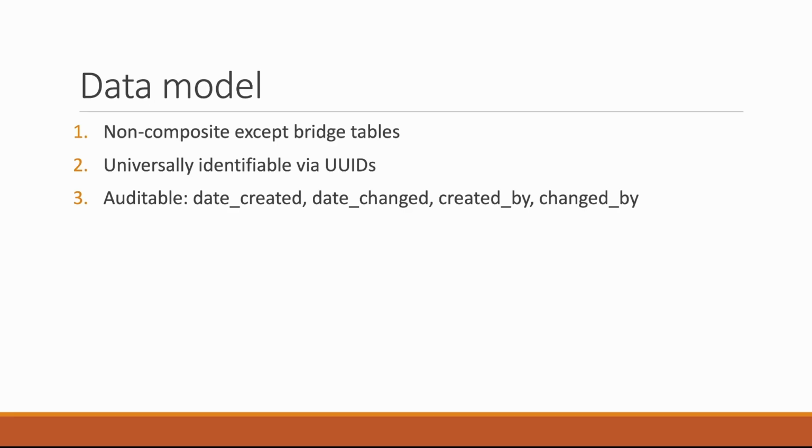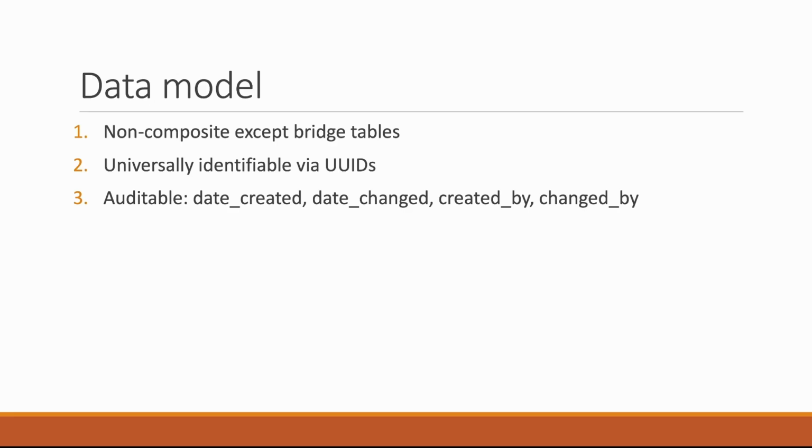Whenever any new object is created, date created is automatically assigned from within the OpenMRS API. This is not alterable. You cannot change the date created once assigned. Then there is created by. Again, the creator once assigned cannot be changed. So you have the date and the person responsible for every row that's recorded.